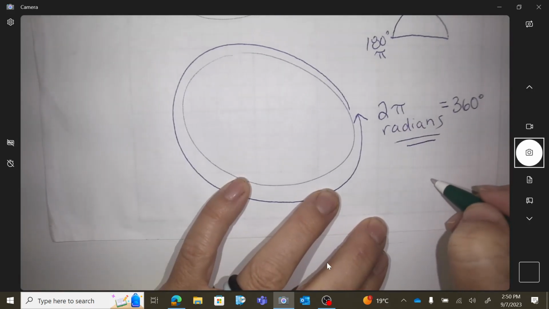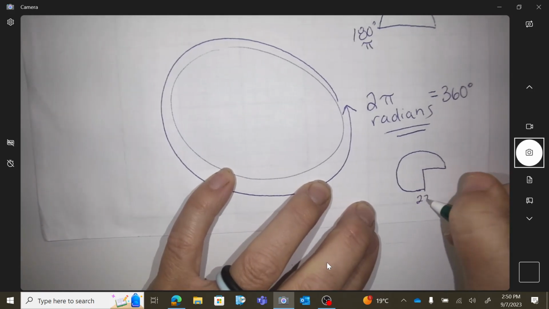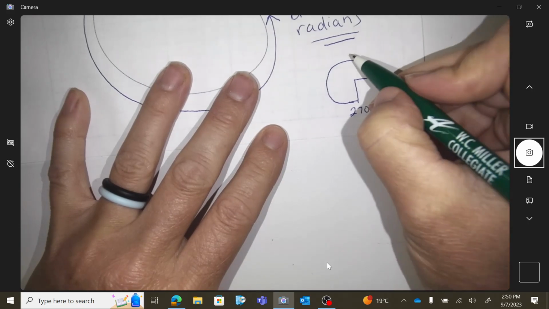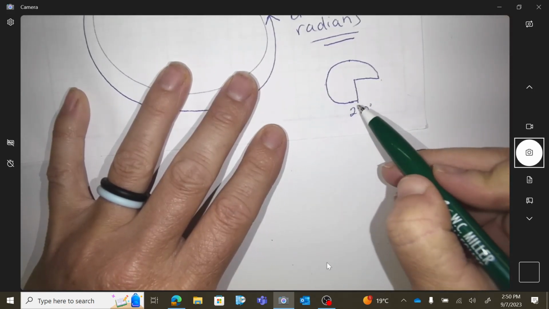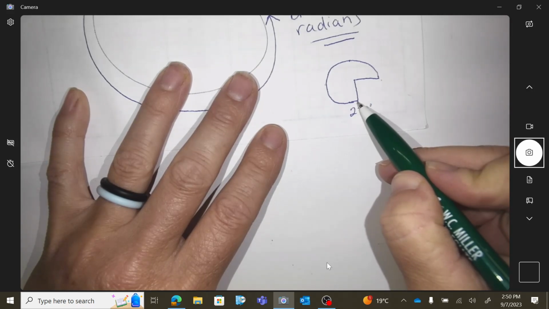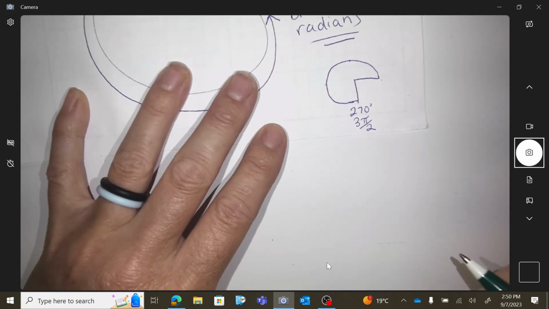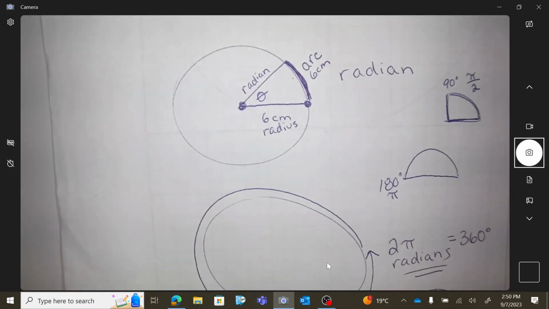What about 3/4 of a circle? 270 degrees. So this was a half of a pi, this was 1 pi, 1.5 pi. Are you okay if I write 1.5 as 3 halves? Does that make sense? Okay.